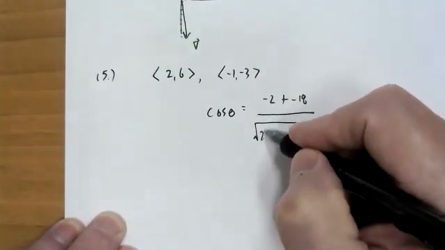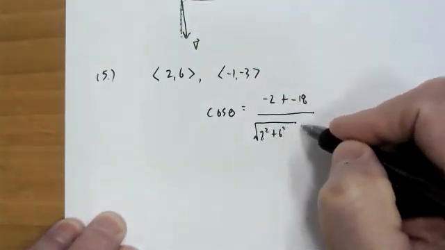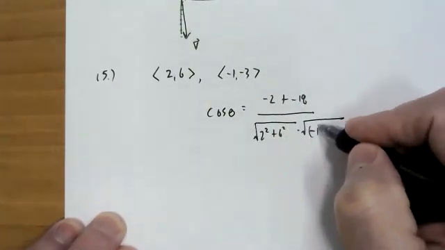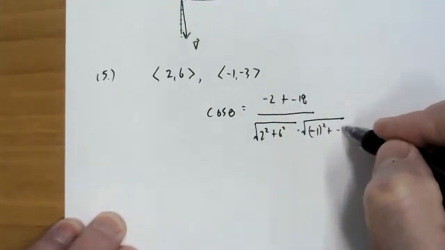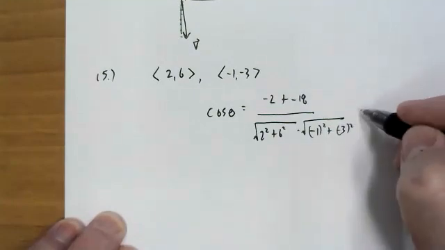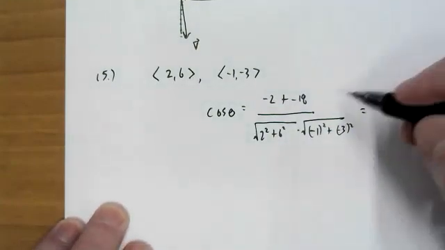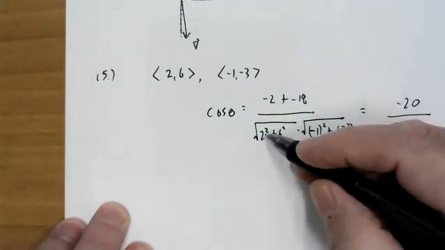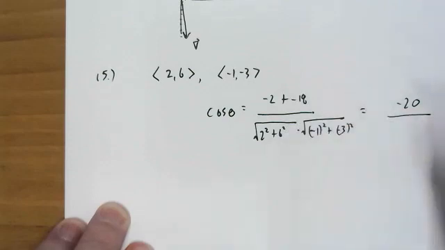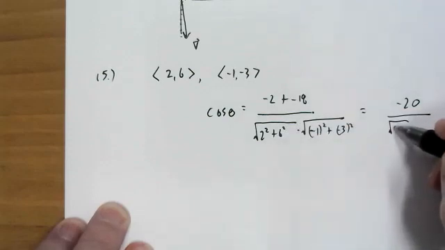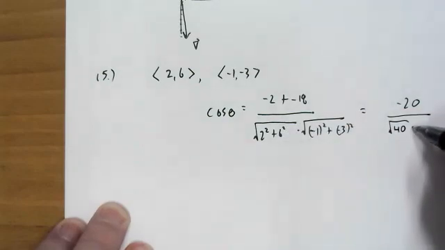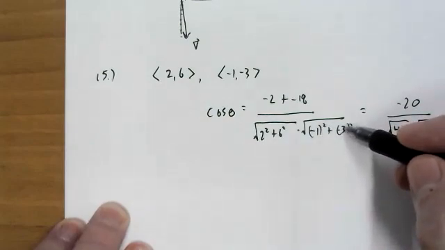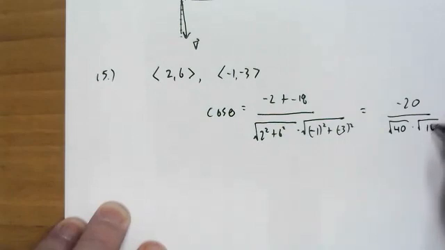This is 2 squared plus 6 squared. This is -1 squared plus -3 squared. So it's like I have -20 over the square root of 4 plus 36, square root of 40, and 1 plus 9.